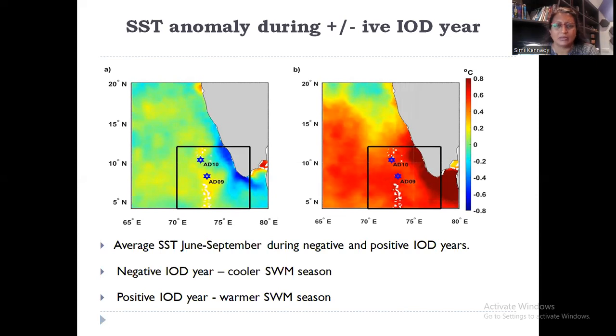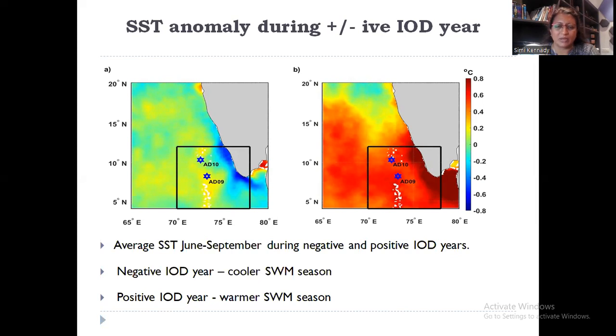This is the SST anomaly during negative and positive IOD. The first one is for 2016, the negative IOD, and you can see the SST anomaly was cooler during June to September. During the positive IOD, the second figure shows the SST anomaly was warmer.